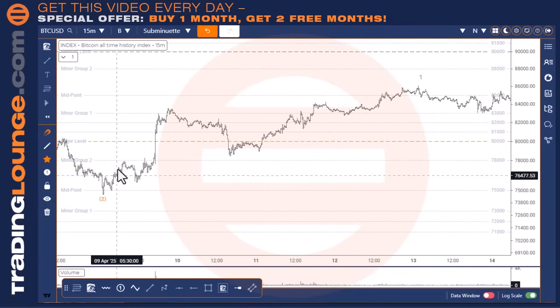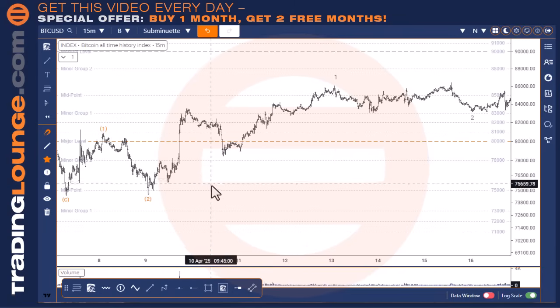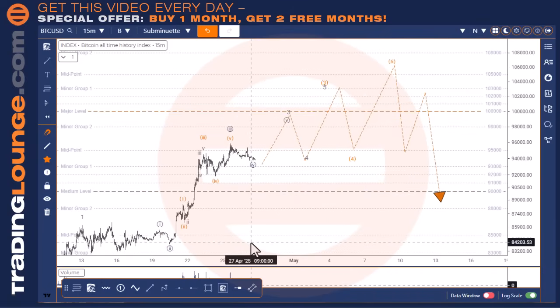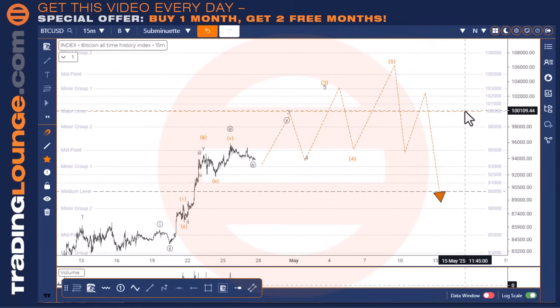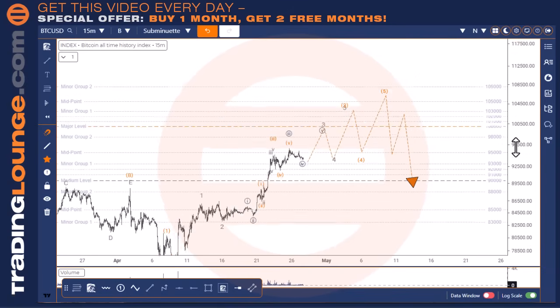I can go 1, 2, 3, 4, 5 for 1 and 2 here, then 1, 2. I should be able to work that. So there's a few different ways, but the main takeaway here is that this number 1, the 100,000, is a major level, and we're not going to go too far past that. Do you know what I mean? It's going to be a bit of a sticky number.